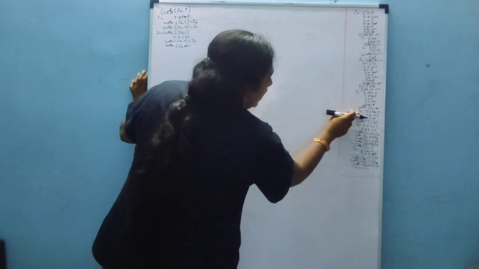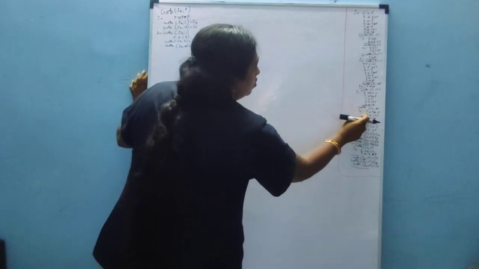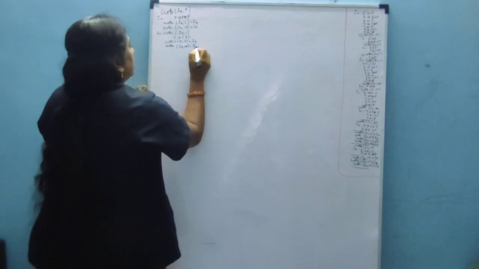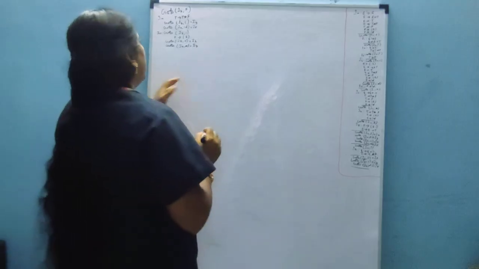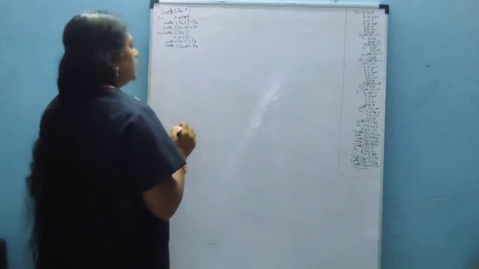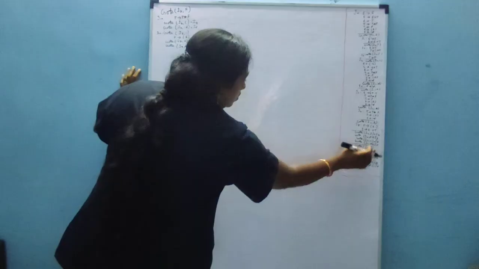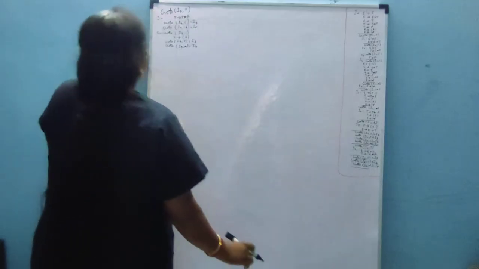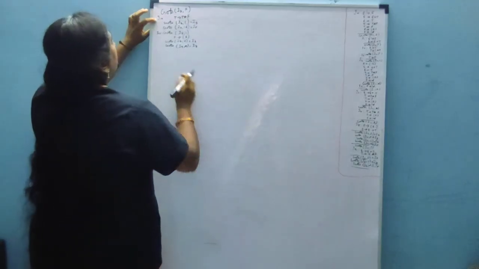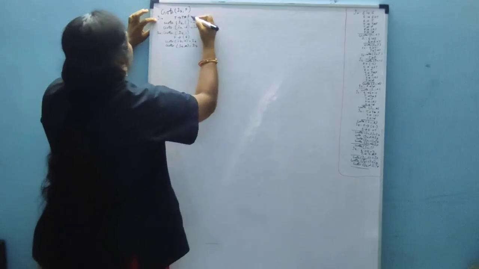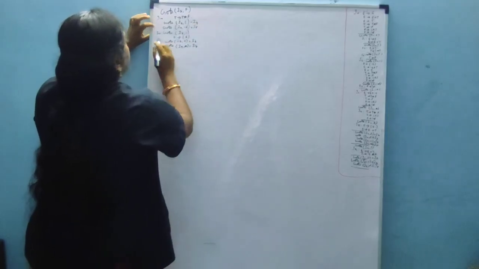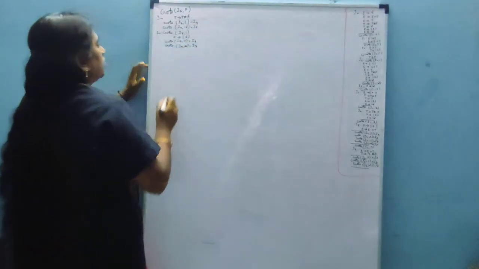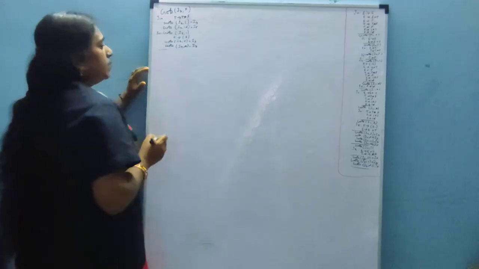Yes, this one, the I7 state, is already present, so we have added it as the I7 state. I9 state completed. Then I10 also completed, I11 also completed. So all the states are completed.